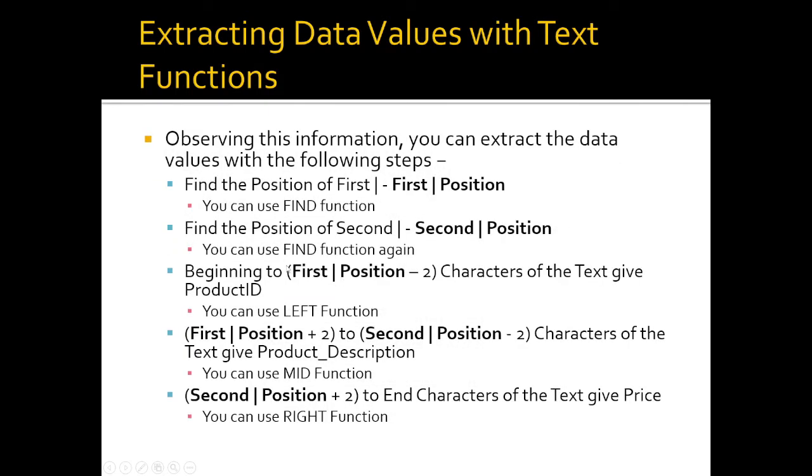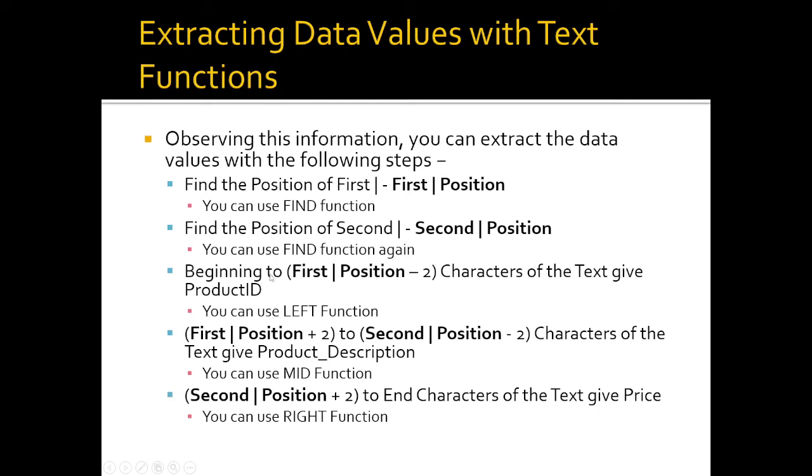Observing this information, you can extract the data values with the following steps. First, find the position of the first vertical bar. You can use the find function. Then find the position of the second vertical bar. You can also use the find function.